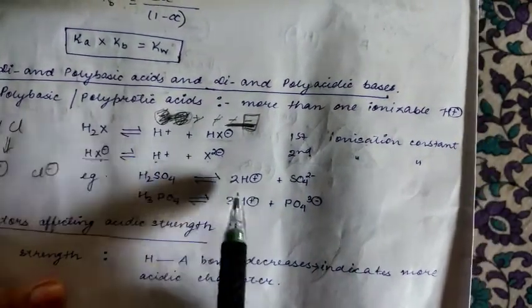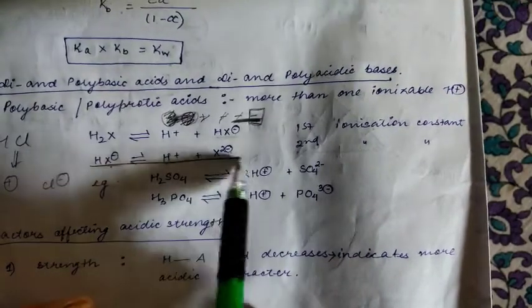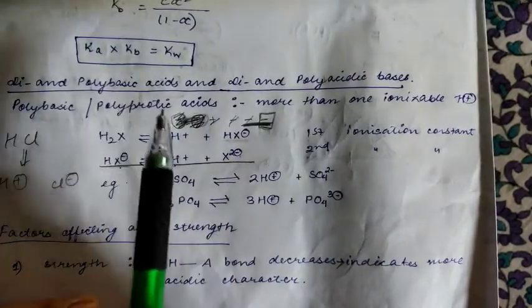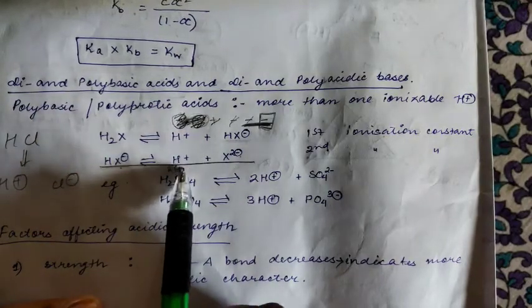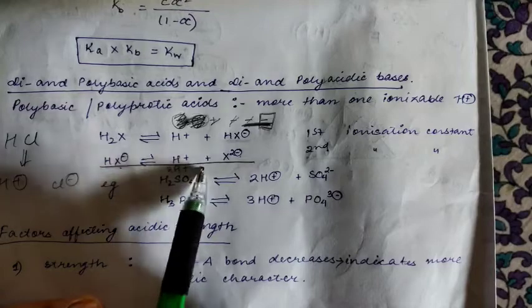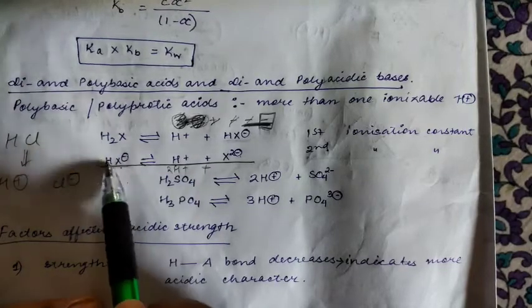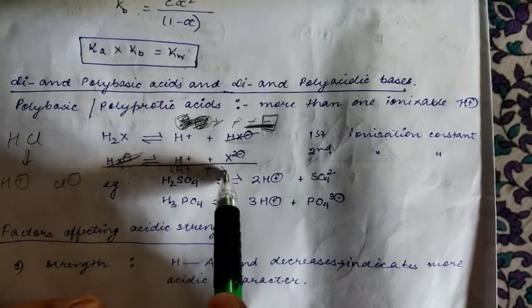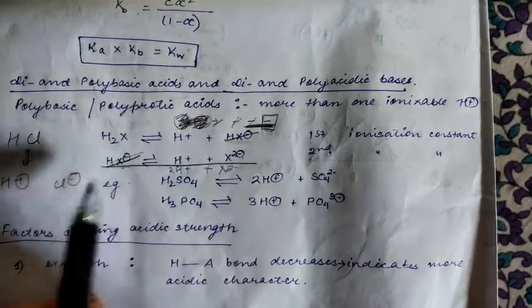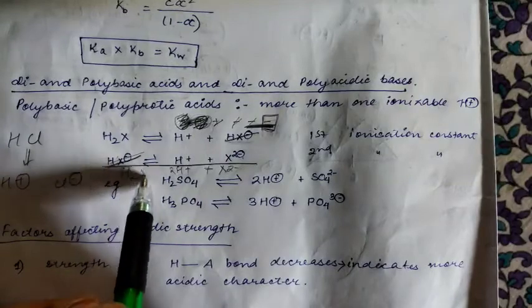Clear? Now if you add these, what will you get? First of all, you will get 2H positive here, right? If you add these, then this and this will get cancelled. What is left here? X 2 negative, and on your left hand side H2X.